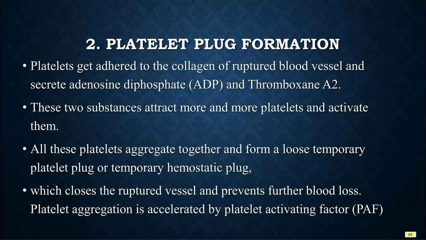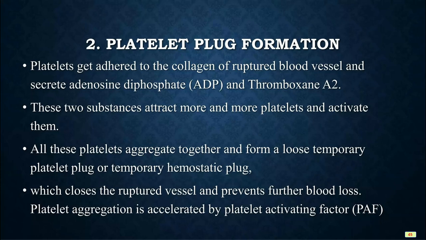So this is the first one, vasoconstriction, whereas the second one is platelet plug formation. This is a plug which is going to prevent further blood loss, under the influence of adenosine diphosphate and thromboxane A2.